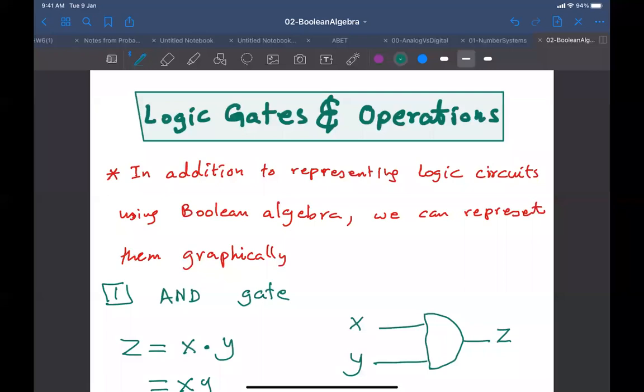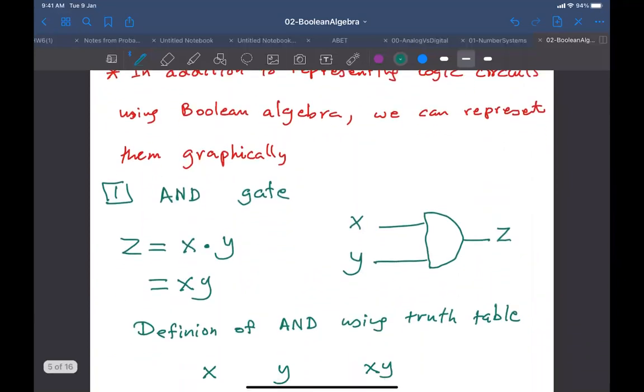It corresponds to physical transistors as well as wires, voltages, and switches. That is hardware, in fact. So there is a way to represent Boolean functions algebraically as well as physically, or symbolically, using gates.